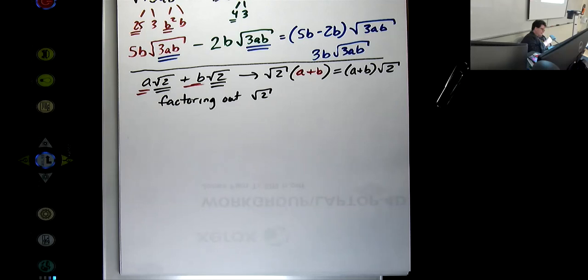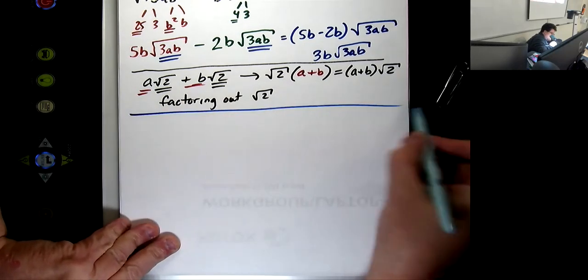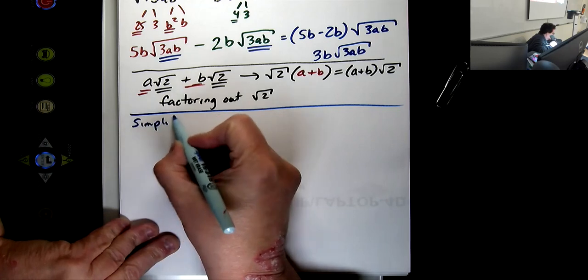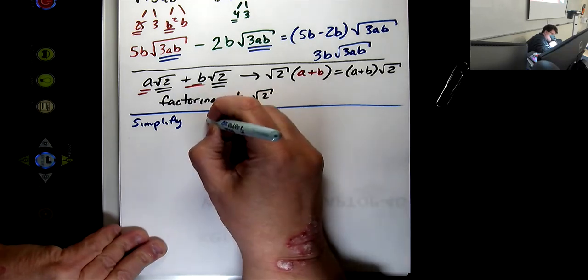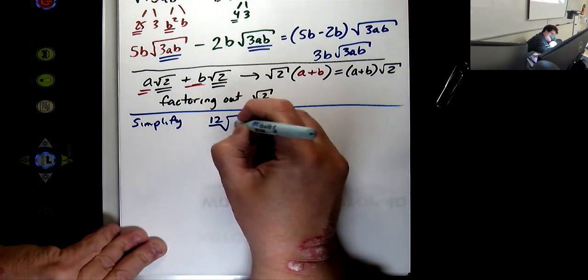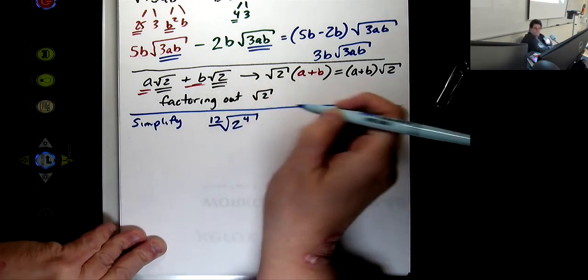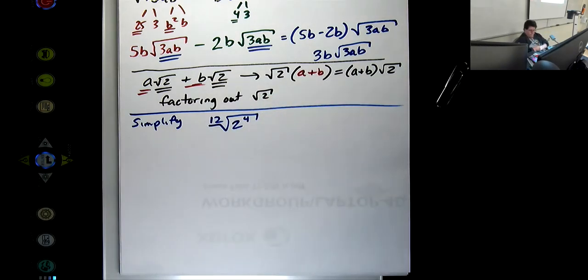Simplifying some more, let's simplify the 12th root of 2 to the 4th power. Well, the exponent on the inside isn't bigger than the index on the outside, so I can't pull anything out.